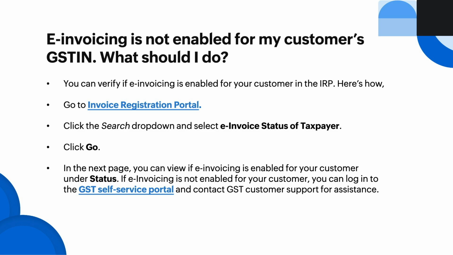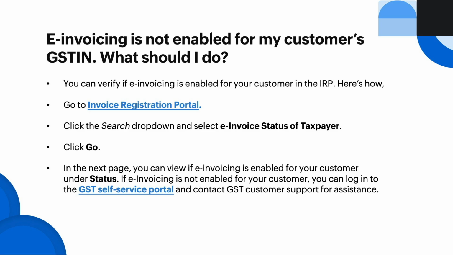So the next error would be, let's say the customers will face a scenario where e-invoicing is not enabled for your customer's GST number. What should you do? When you are raising an e-invoice, you might get an error that the GST number is not enabled for e-invoicing. In those cases, you can verify the status of the GST number in the invoice registration portal.